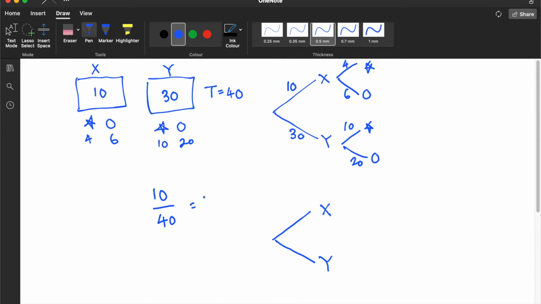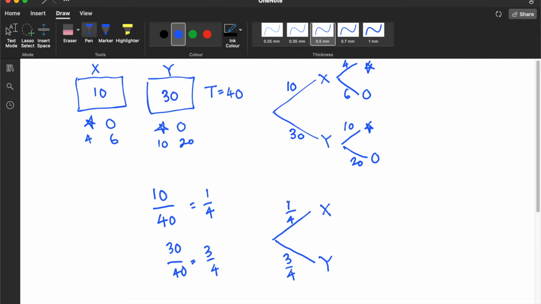So 10 over 40 can be simplified to 1 over 4. Instead of writing 10, I'm going to write 1 over 4 here. Now instead of 30, I'm going to write the fraction 30 over the total number 40, which is 3 over 4.